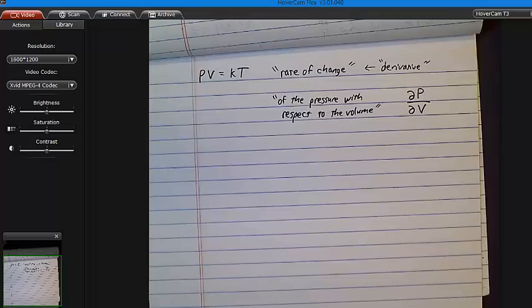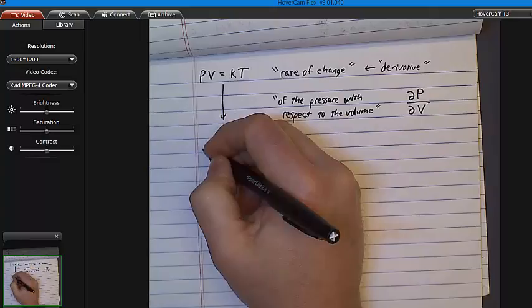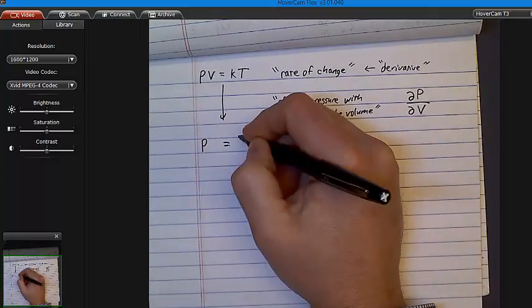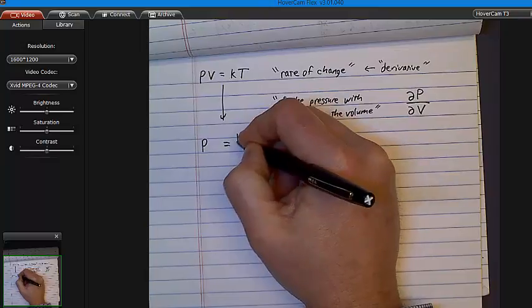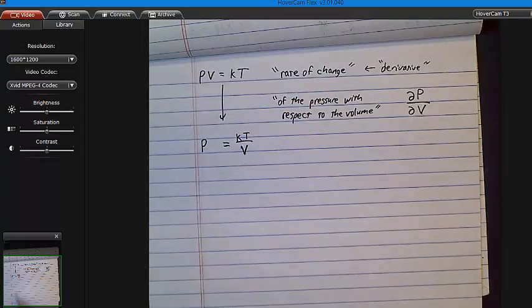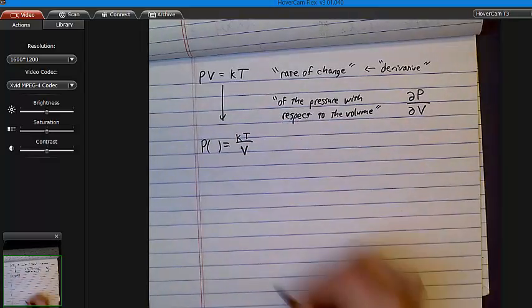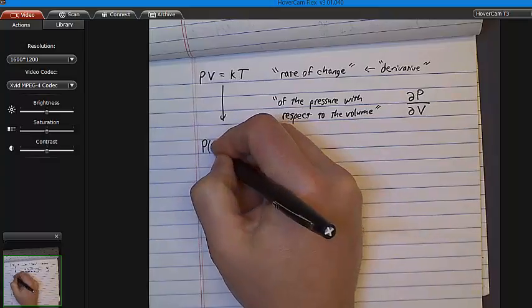And so I want to take this pressure and rewrite it. Pressure is actually equal to K times T divided by V. Does that make sense? Here, pressure is a function of what? Of two different variables, T and V.